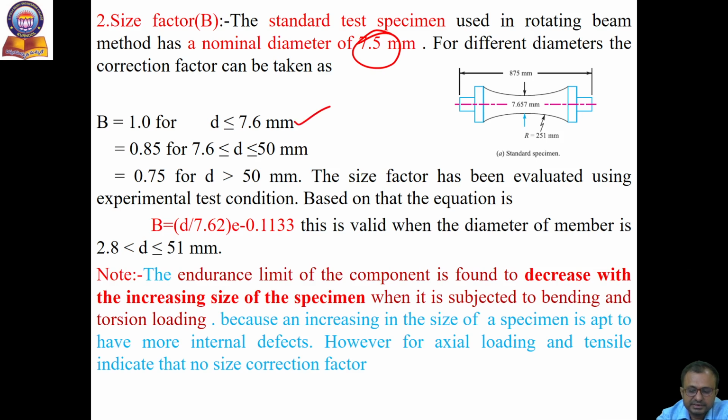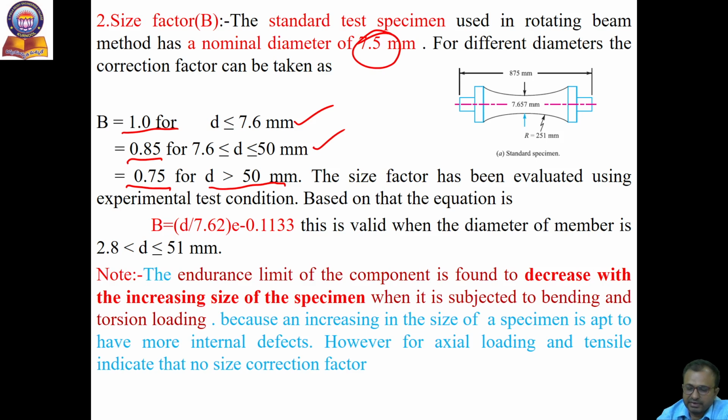In case the diameter is less than or equal to 7.6, we take B equal to 1. In case the diameter is between 7.6 and 50 mm, then we take 0.85. In case the diameter is more than 50 mm, then we take 0.75.